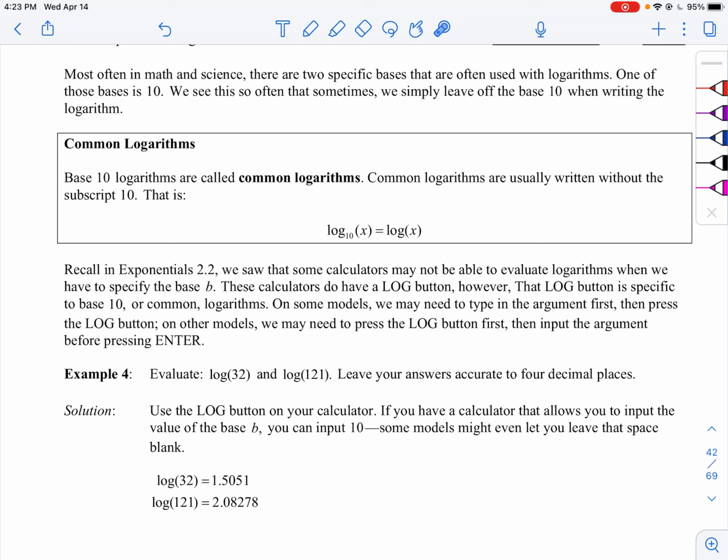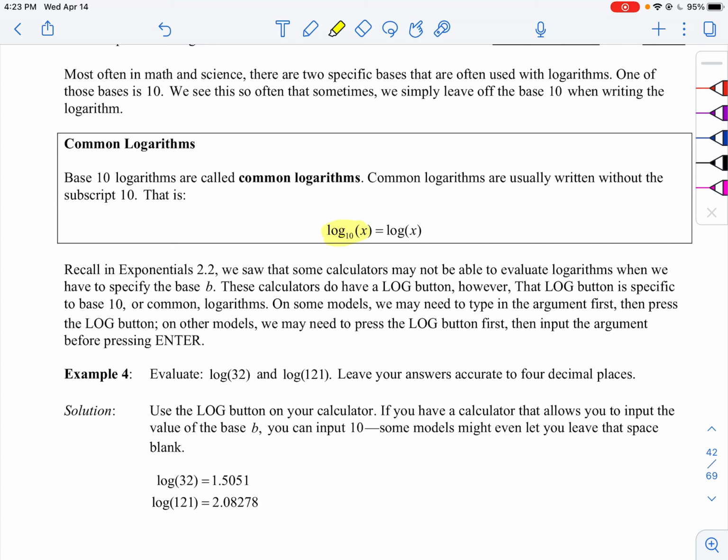Base 10 logs are called common logarithms. Common logs are usually written without the subscript 10. So that is, for example, if I have log base 10 of x, because it's just 10, I don't have to write it down.